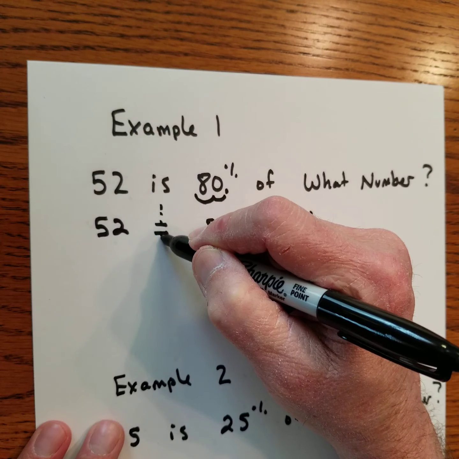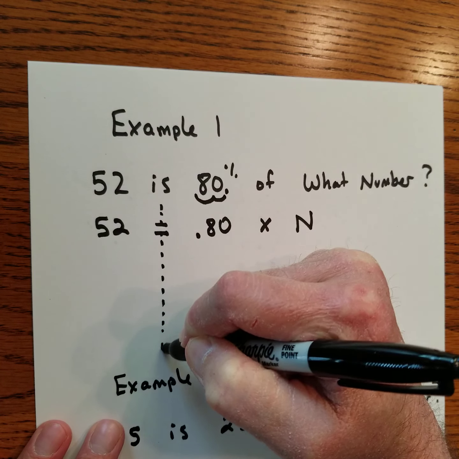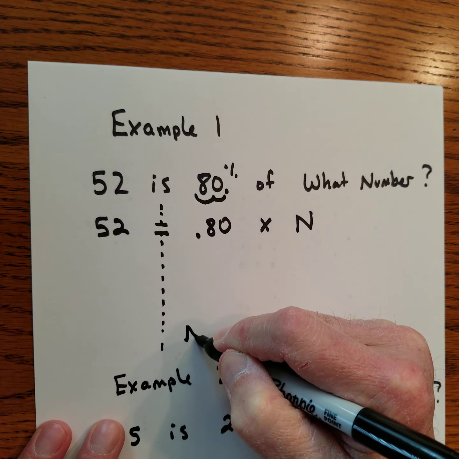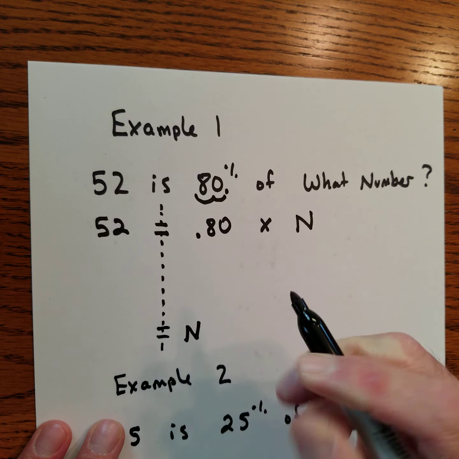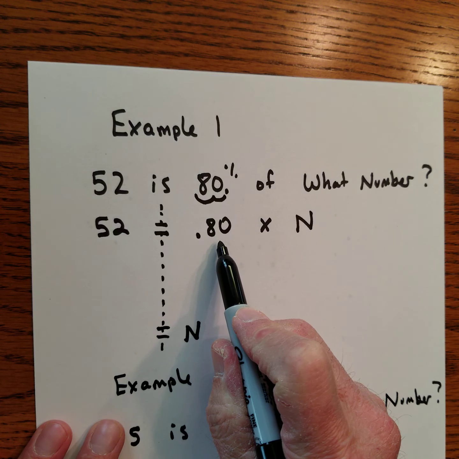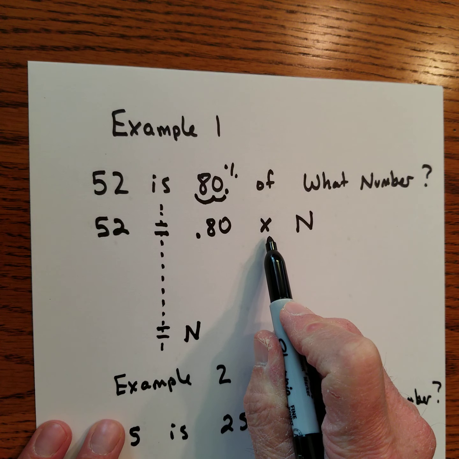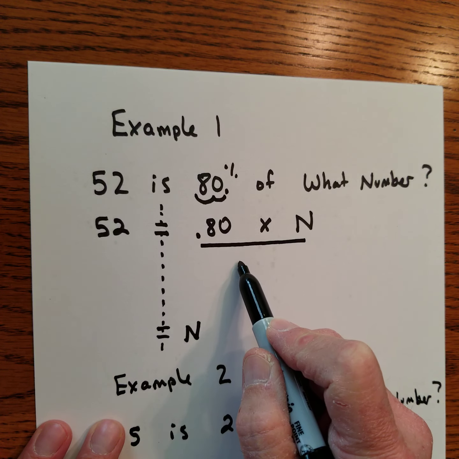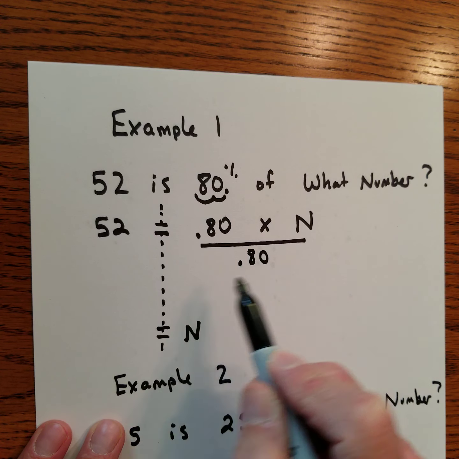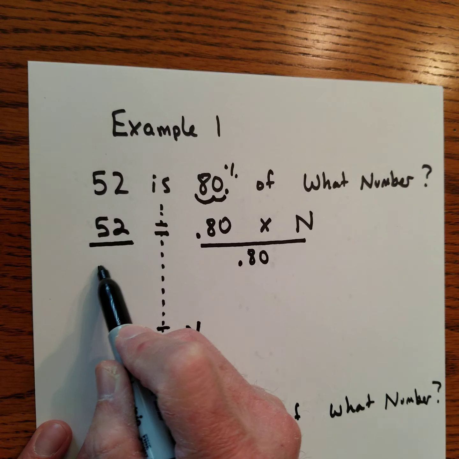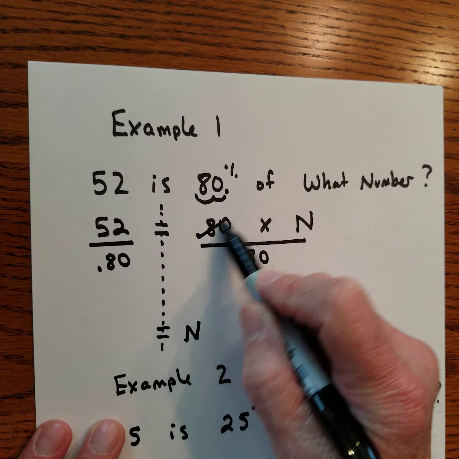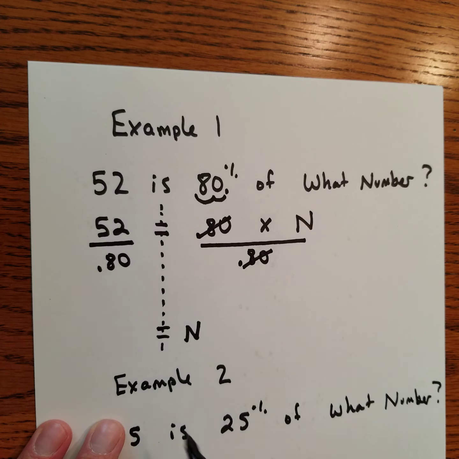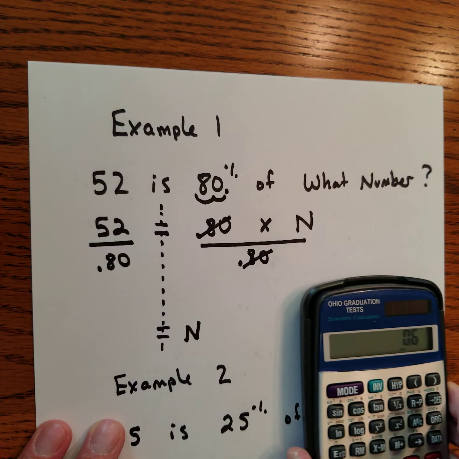If I'm going to solve the equation, then I must get n by itself, which means this 0.80 must leave. It's being multiplied. The inverse of multiplication is division. So we'll divide both sides by 0.80. To get my final answer, I have to divide.